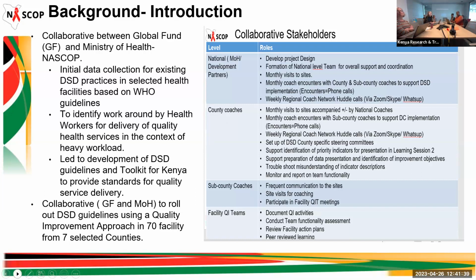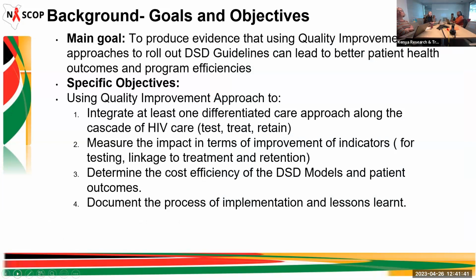Next. And so the main goal of this work was to produce evidence that using quality improvement approaches to roll out DSD could lead to better patient health outcomes and program efficiency.